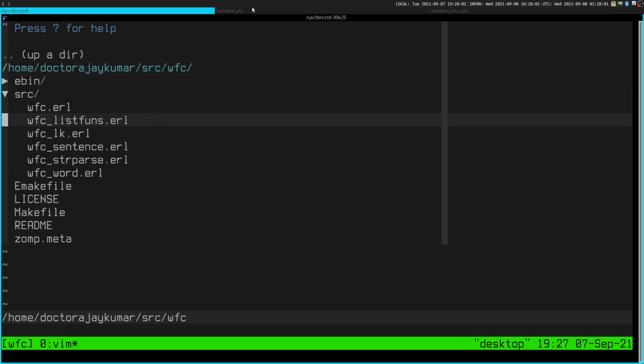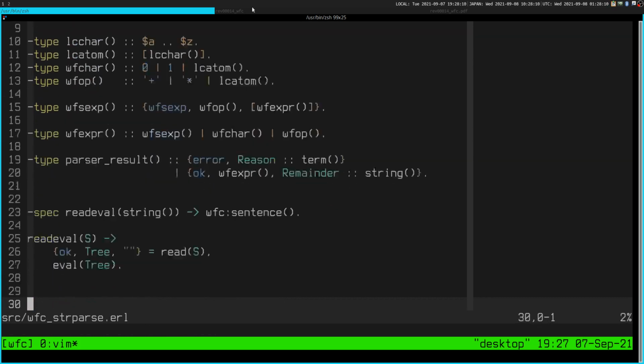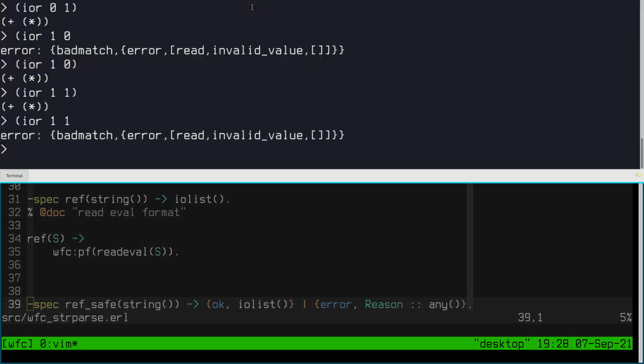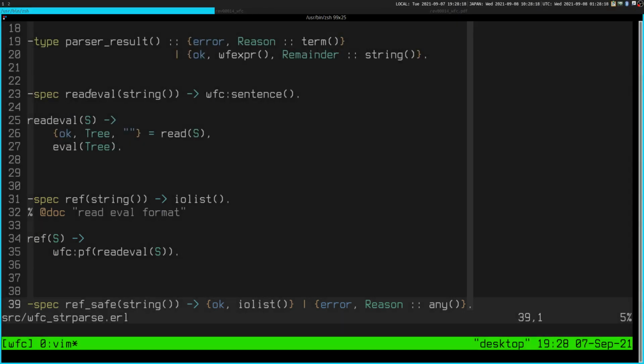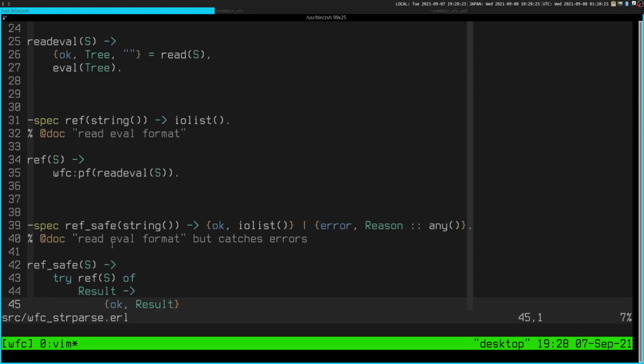The only change I've made to WFC, I think, though I might have to look at the Git history, is this string parser. If I type Google Gobble, it sends it to, I think, read-eval format safe.